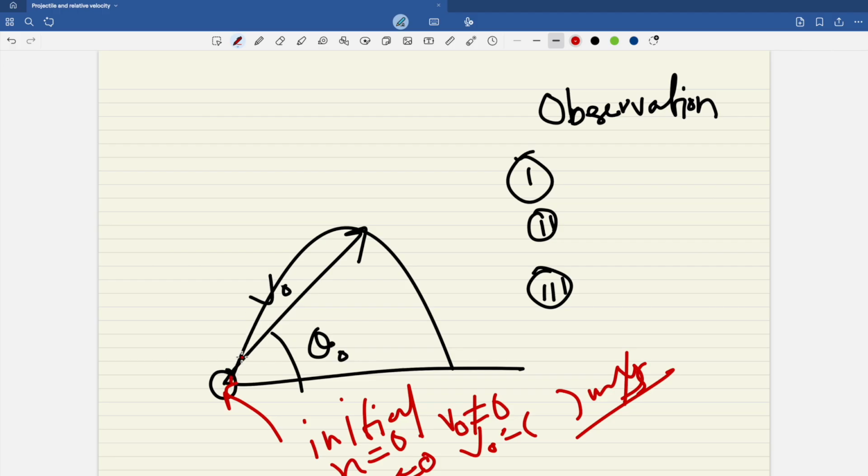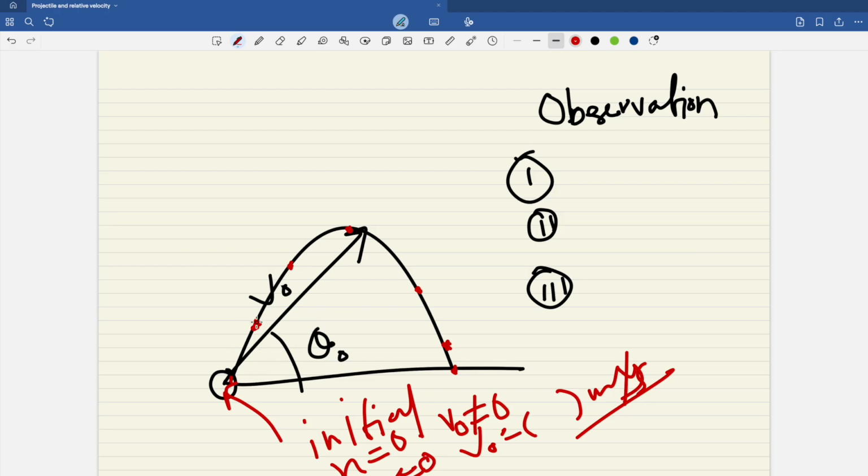It's traveling following the trajectory. So let us assume that it traveled this much. So at this point, then this point, this point, and the final point.